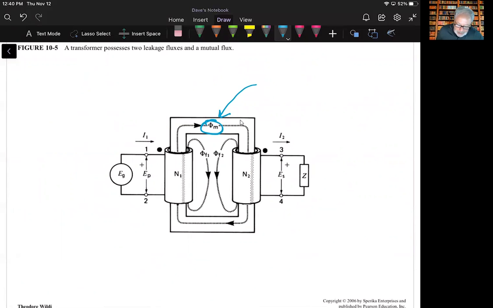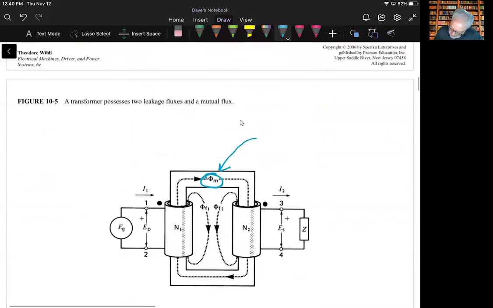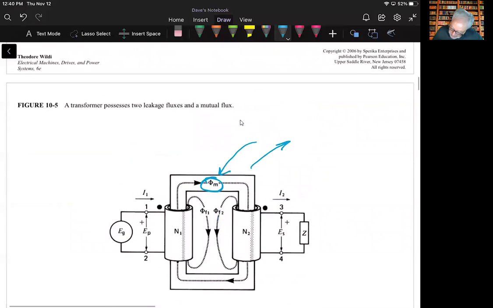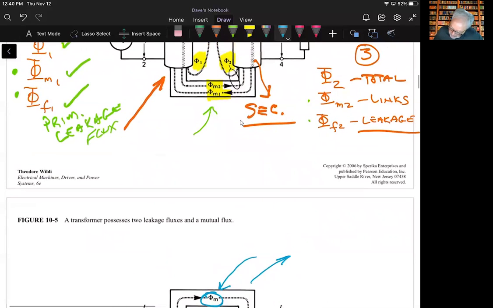The mutual flux is created by the joint action of the primary and secondary, okay? So this is comprised of the two designations here plus here, and that's combined into this total mutual flux.